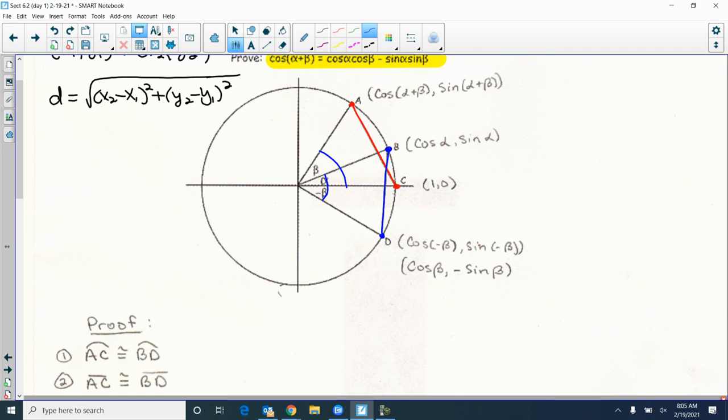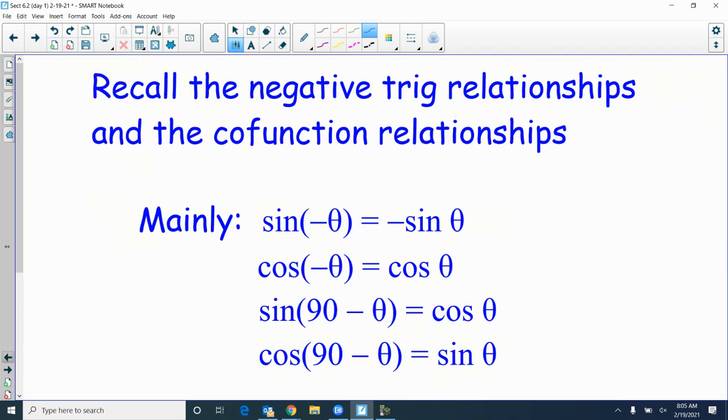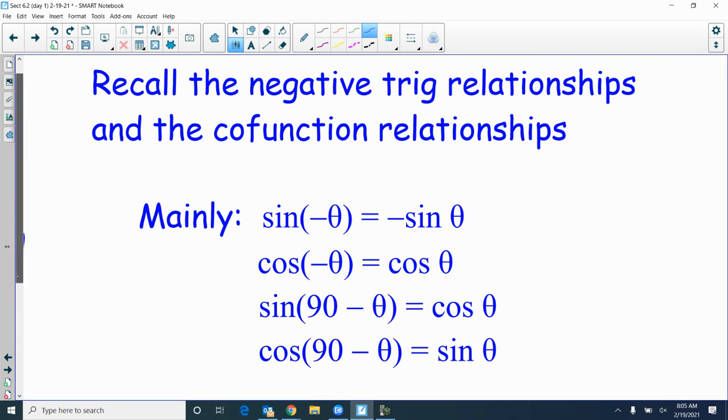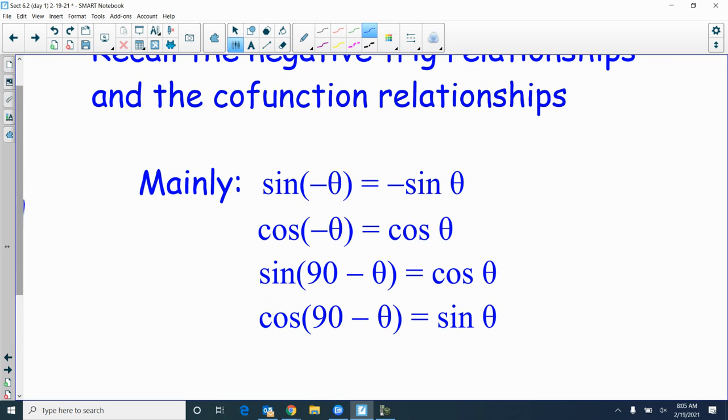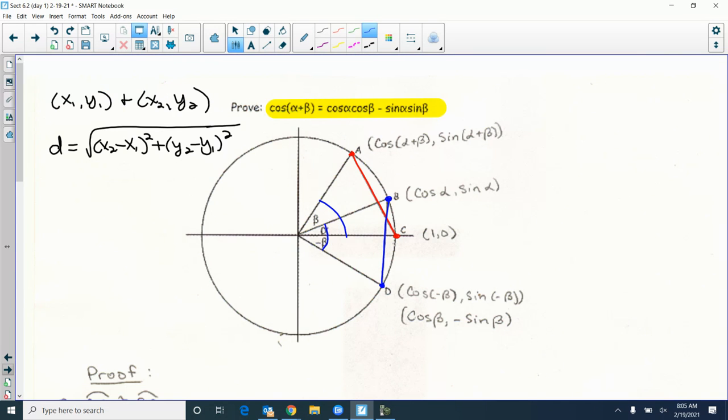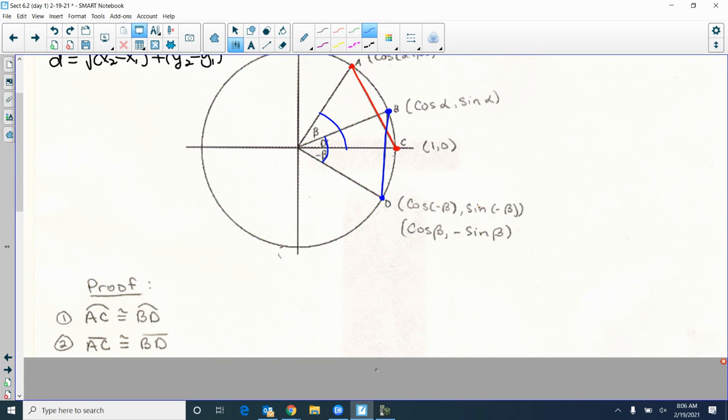And the coordinate of point D, this is a negative angle, is cosine of negative beta, sine of negative beta. But using what we know over here, the cosine of the negative angle equals the same thing, and the sine of the negative angle equals the opposite. So that becomes cosine beta, negative sine beta.